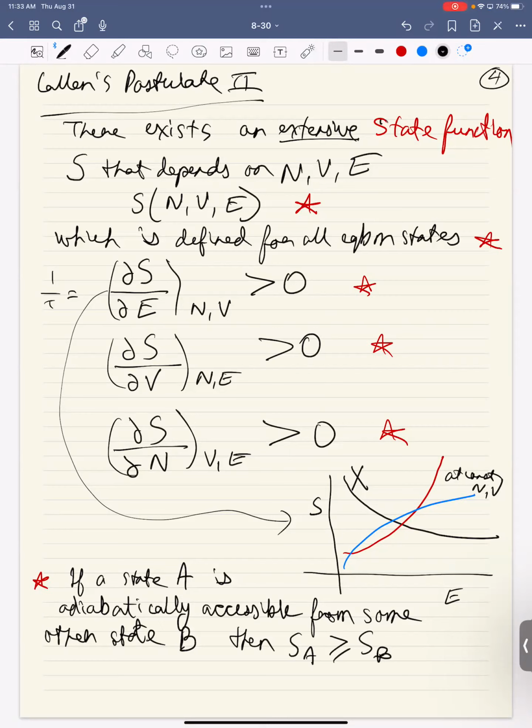In other words, the delta S for an adiabatic process is more than or equal to 0. Now that's complex, but that is something you all have seen previously.